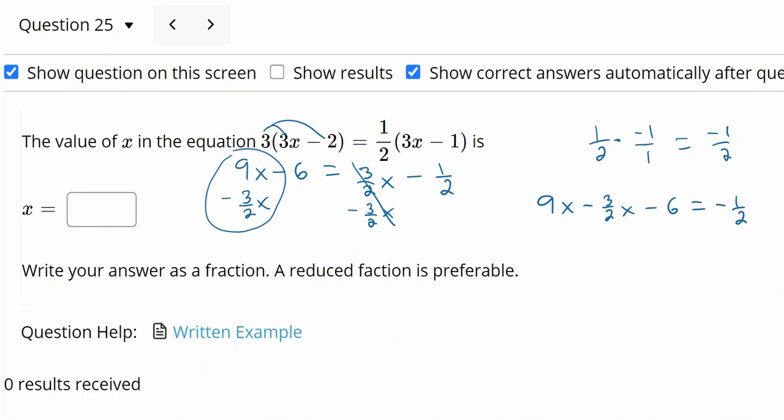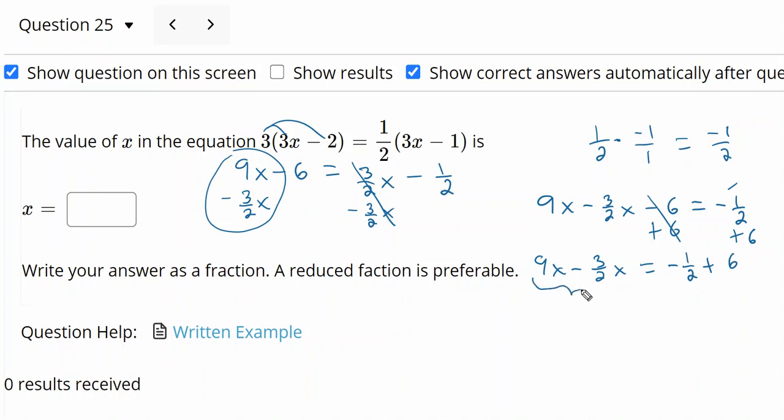All right. Now, let's get this negative 6 over there too, just so it's ready. So we'll say plus 6 on both sides. So plus 6 and plus 6. And then I'm going to write it out all together again. So 9x minus 3/2x is equal to negative 1/2 plus 6. All right. So we're kind of there.